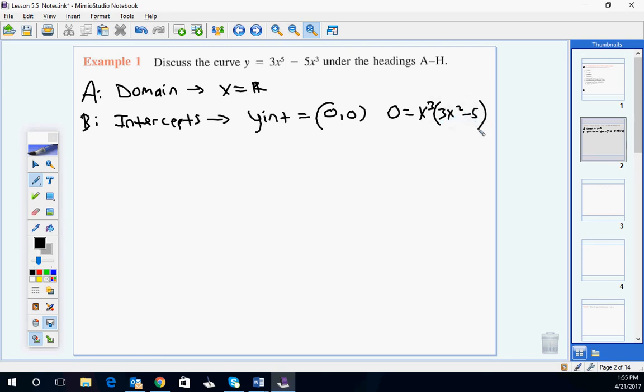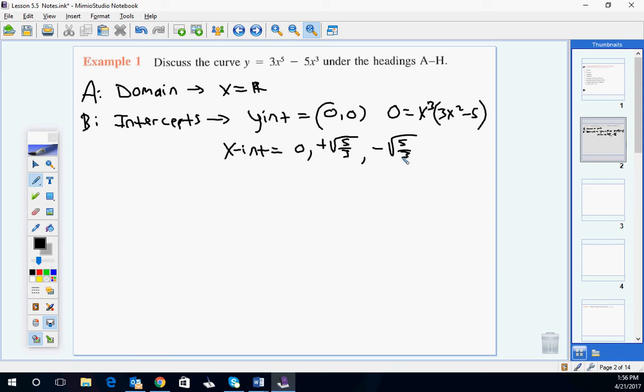So plus or minus root 5/3. Do you guys see that? So 0 and plus or minus root 5/3: add 5, divide by 3, and square root. Those are our x-intercepts. We okay with that?